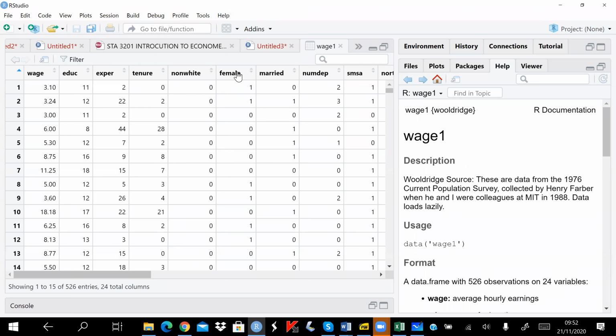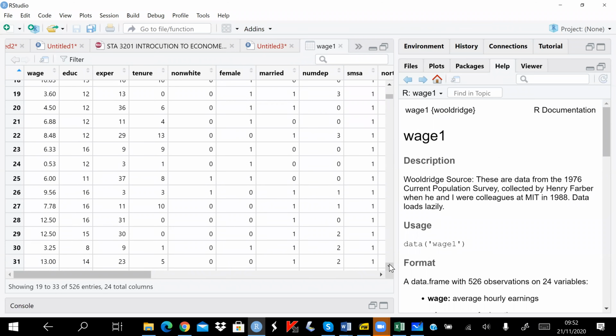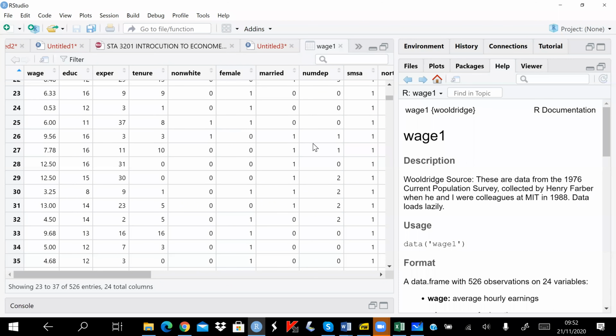Then the dummy variable for gender is here. We are calling it female, which takes the value 1 if the individual is female and 0 otherwise. And we have the one for married, which takes 1 if the person is married and 0 if not, and so on. So this is how you capture your data using dummy variables. It only takes the values 0 or 1, so in these 3 columns we have 0, 1 everywhere.